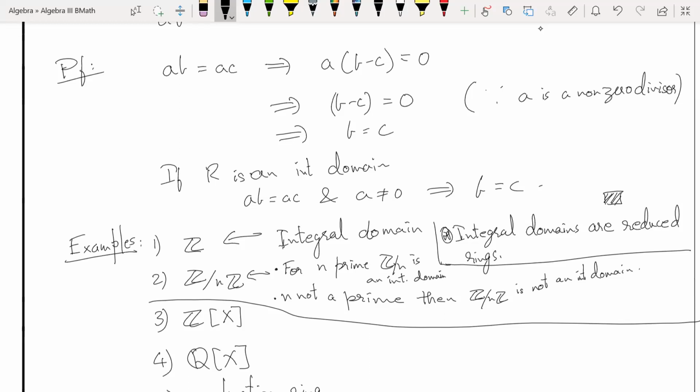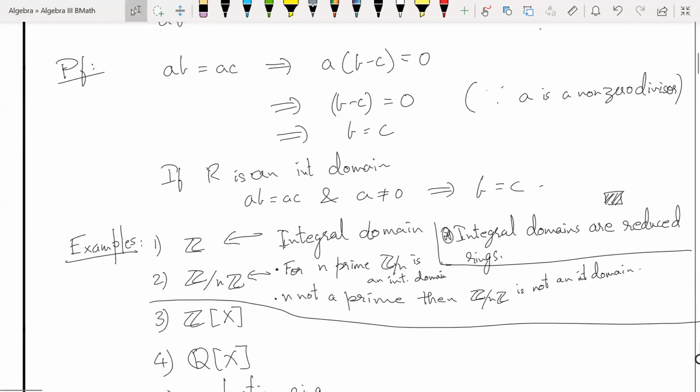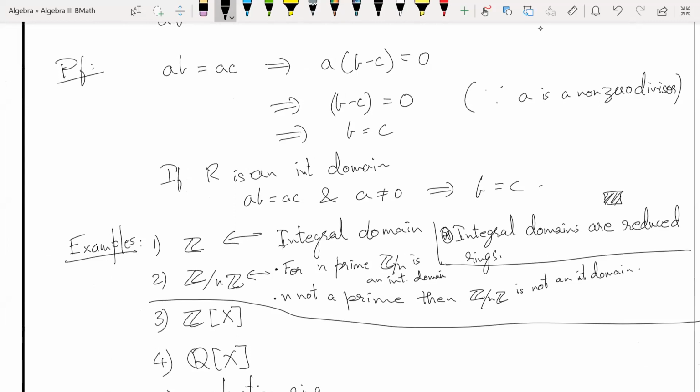Then the class of p and the class of q are both going to be non-zero elements, because both p and q are strictly less than n. So they are non-zero elements, and if you multiply them, their class becomes 0. So this is also trivial. So it is not an integral domain.